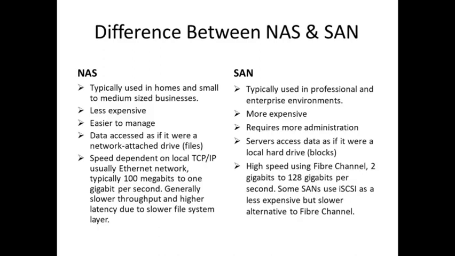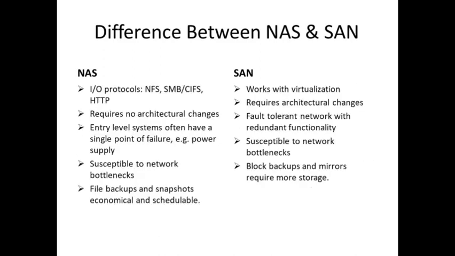SAN high speed using fiber channel, 2 gigabits to 128 gigabits per second. Some SANs use iSCSI as a less expensive but slower alternative to fiber channel. NAS input-output protocols are NFS, SMB, CIFS, HTTP, and SAN works with virtualization. NAS requires no architectural changes, SAN requires architectural changes.